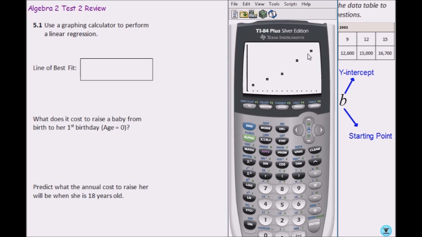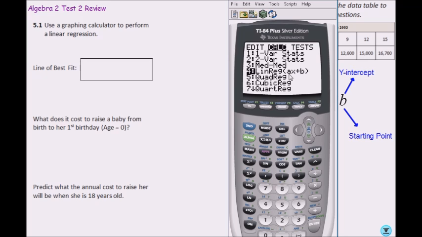All right, so what I want is for the calculator to come up with the equation for me. So I'm going to go back to stat, and edit is where I put in the numbers, but I've already got the numbers in there. Now that the numbers are in there, I actually want it to do something. So I'm going to use the right arrow to go over to calc, to calculate. And what I want it to calculate is the line y equals mx plus b.